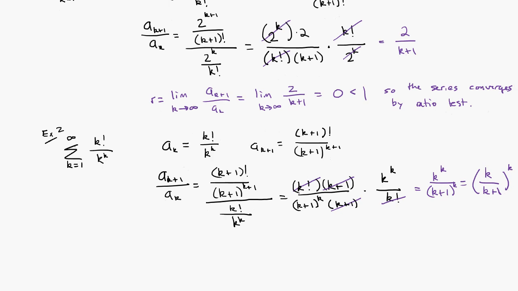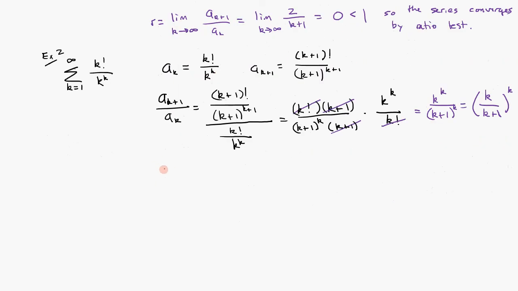Now we're ready to calculate the limit. r is the limit as k goes to infinity of a k plus 1 over a k, which we simplified to this thing here. So it's the limit as k goes to infinity of k over k plus 1 to the k. As k goes to infinity, this is of the form 1 to the infinity.